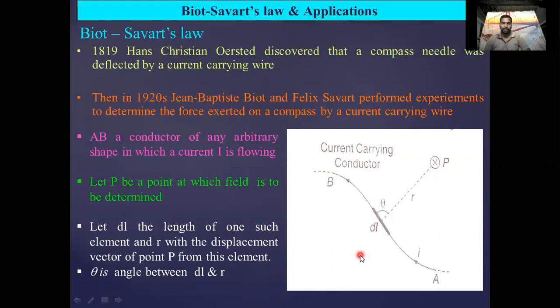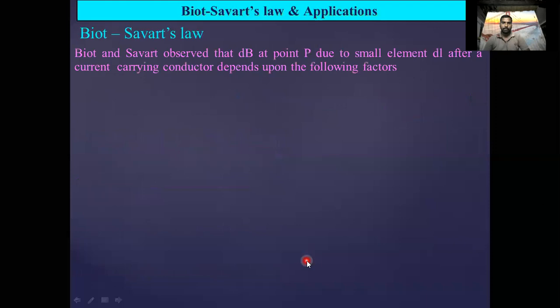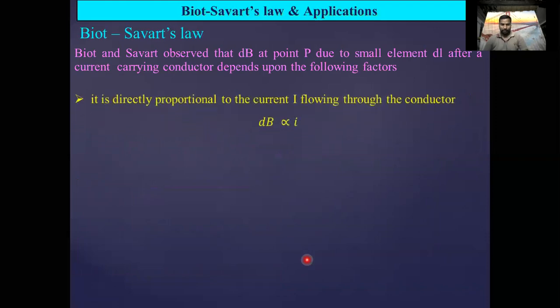This dB depends on some factors, which are as follows. First, dB is the magnetic field due to the dl element of the current carrying conductor. It is directly proportional to the current I flowing through the conductor. Mathematically, dB is directly proportional to I.